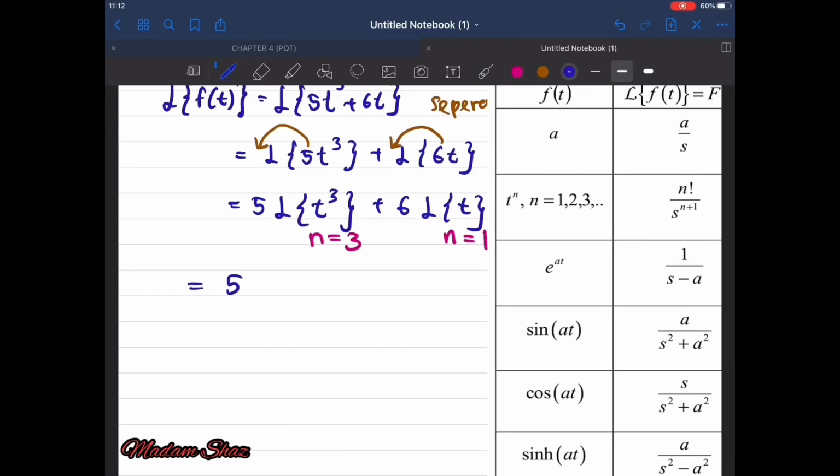It's equal to 5 multiplied by n factorial.